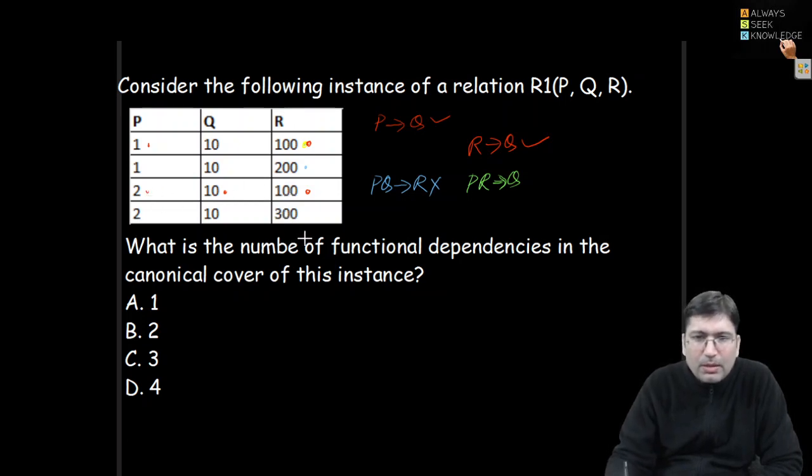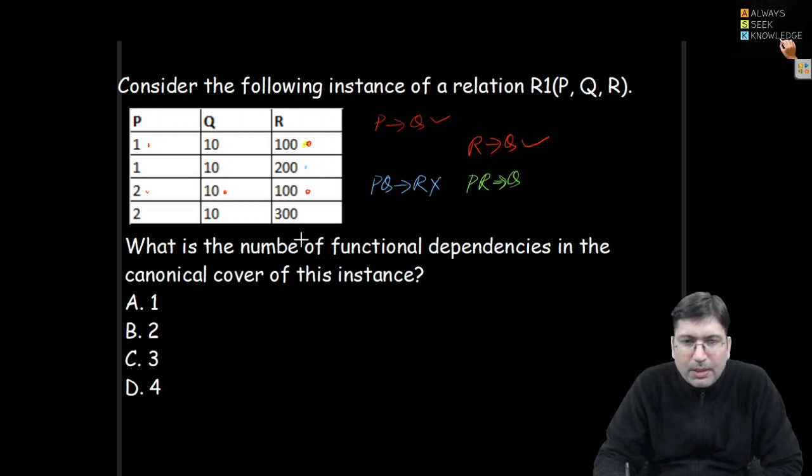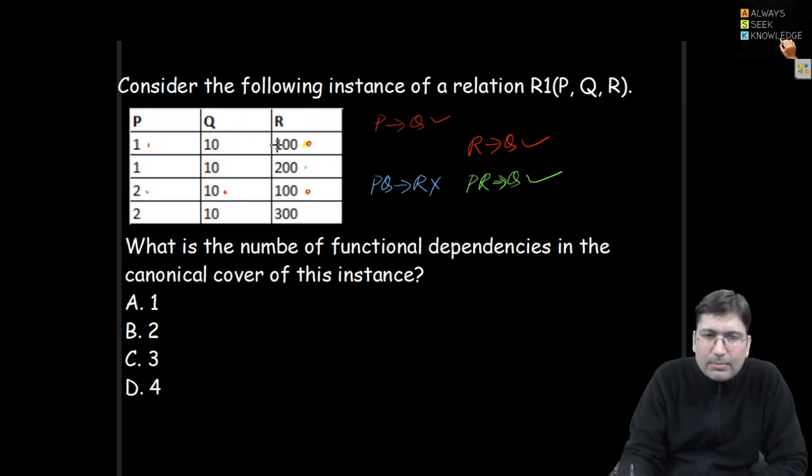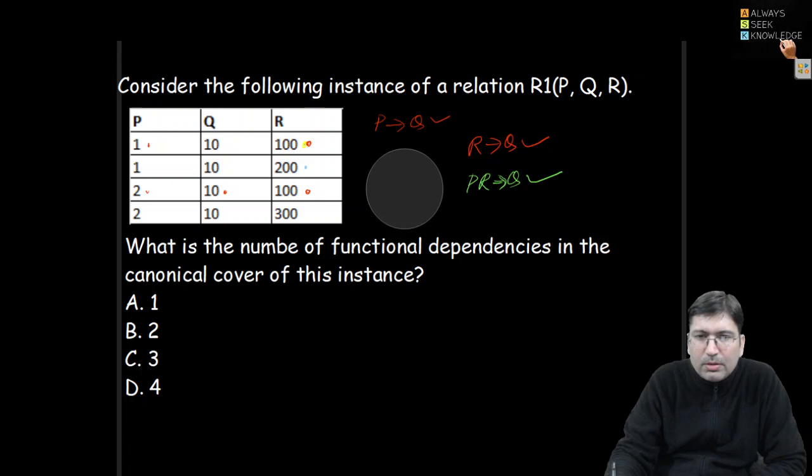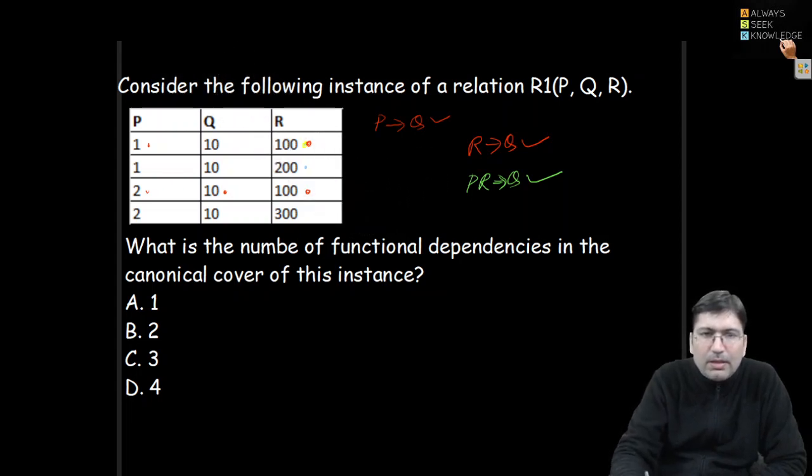That means all combinations of P and R will be unique. If all are unique, that means it will be valid, it will exist, right? Then 1 and 200, 2 and 100, and 2 and 300 all are unique, so it will exist, right? So I will wipe it out and these three are valid.